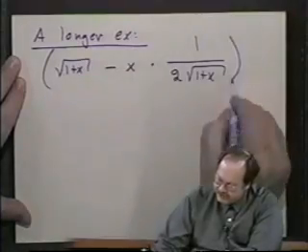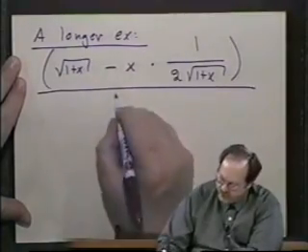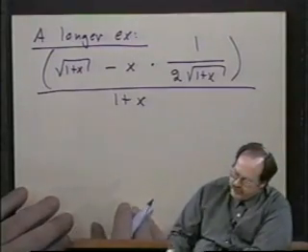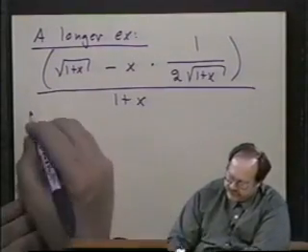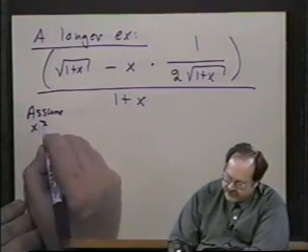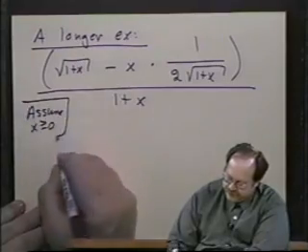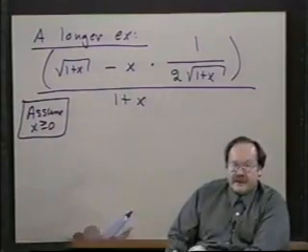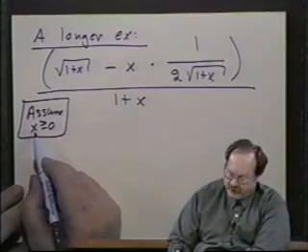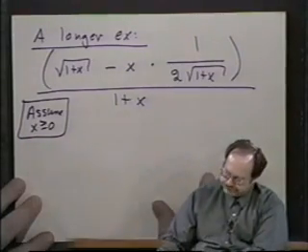And all of that is over 1 plus x. And we will also assume here that x is greater than or equal to 0. That way, if any absolute values turn up, the absolute value of a number that's 0 or bigger is just itself, and I won't have to worry about that.